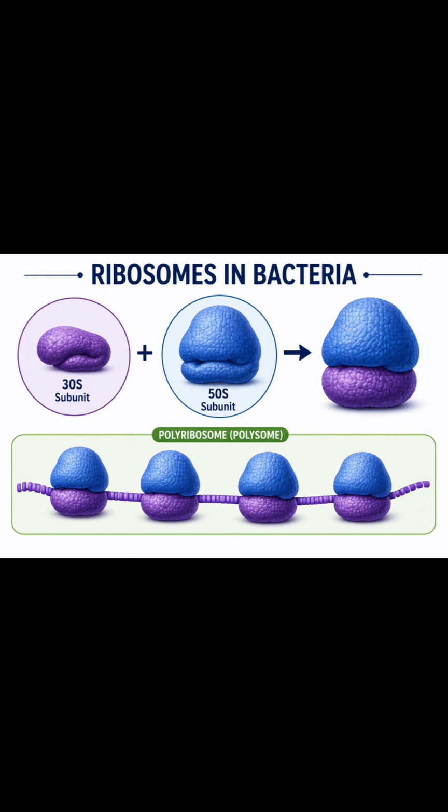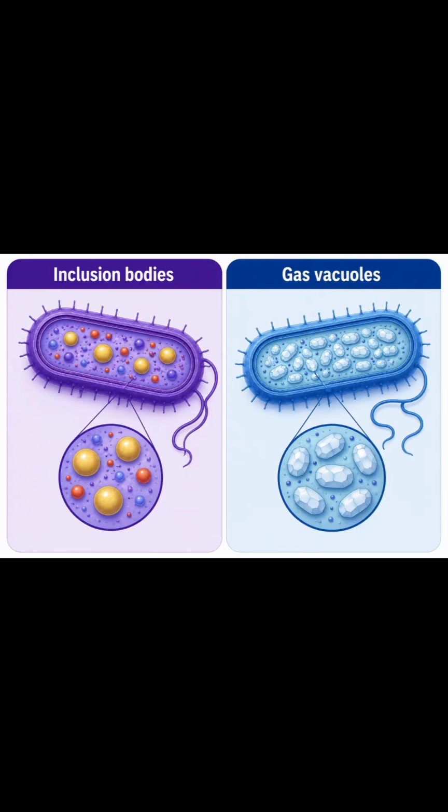So several ribosomes may attach together to form a chain of polyribosomes, and this chain will produce proteins after receiving the instructions from the DNA. Apart from DNA and ribosomes, some other structures called inclusion bodies and gas vacuoles are present.